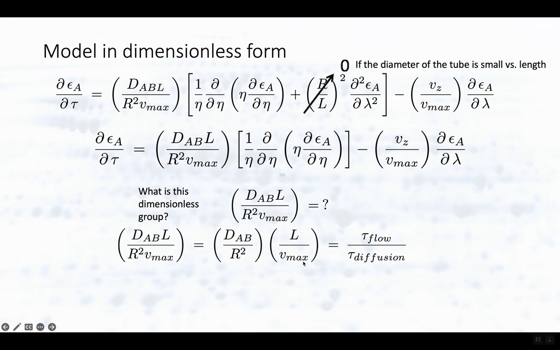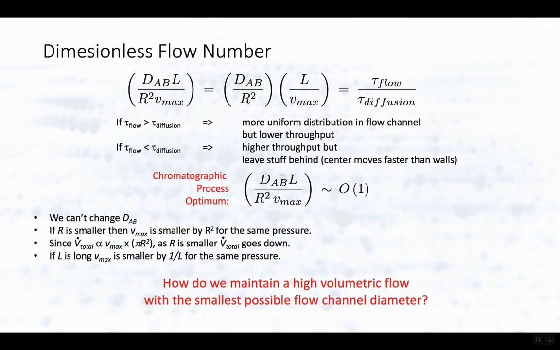So the faster things are moving, the lower this ratio becomes, and the shorter the flow time constant is. This is a dimensionless number because we have seconds divided by seconds, but it's the ratio of the time constant for flow down the pipe to diffusion from the walls of the pipe to the center.